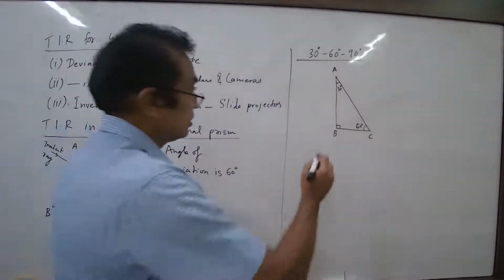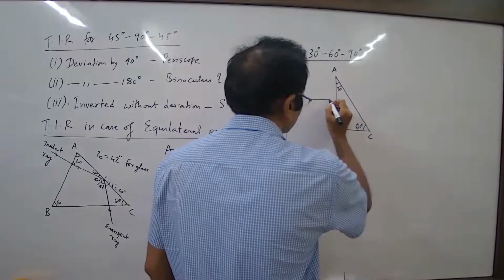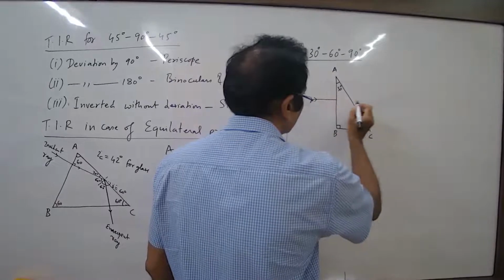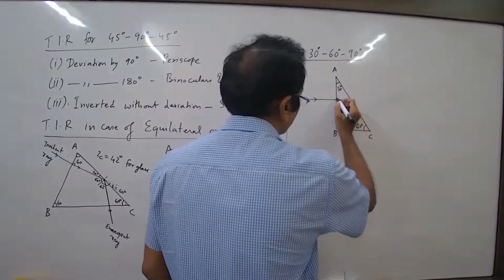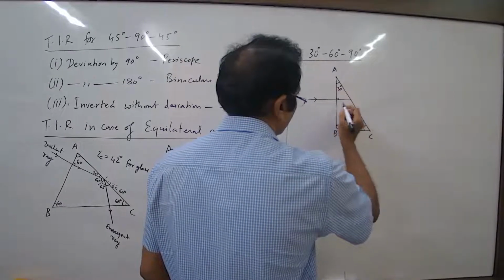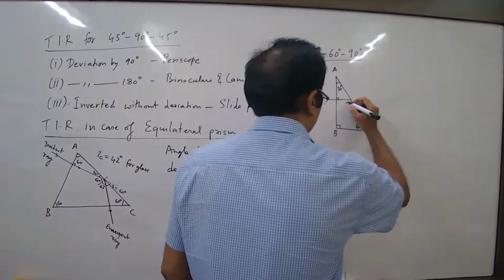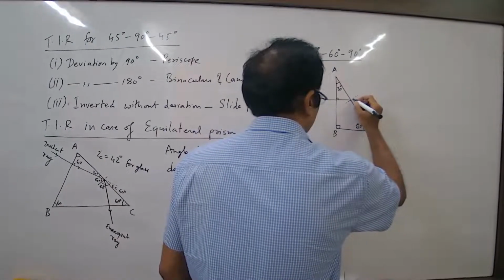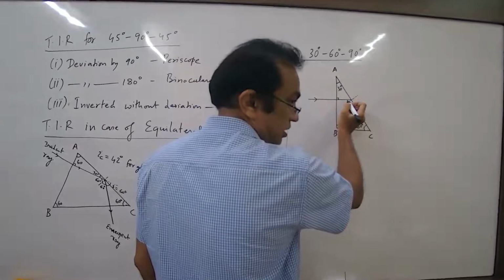So if it is incident along the normal, so how will it go? Straight. What is the angle of incidence now? This is 90. What is the angle of incidence on this surface? So draw a normal there. If this is 30, this is 90, this must be 60.